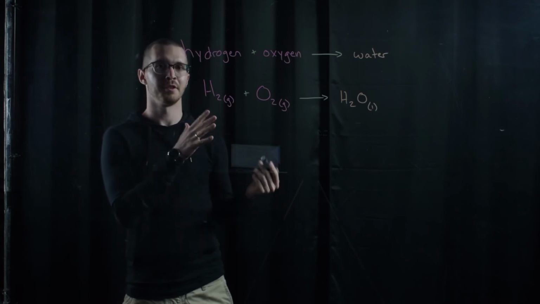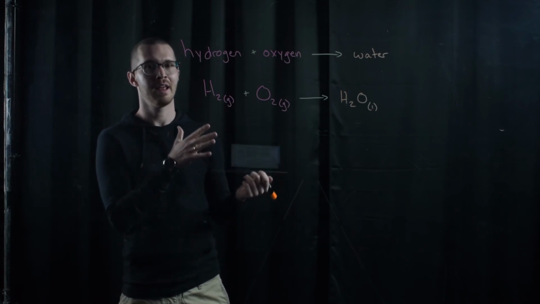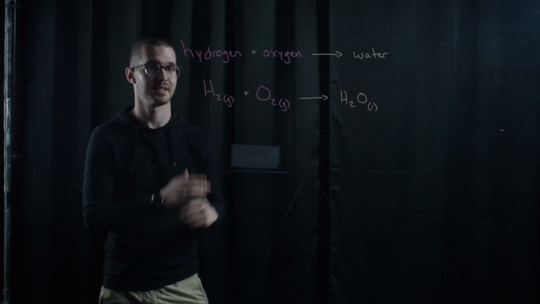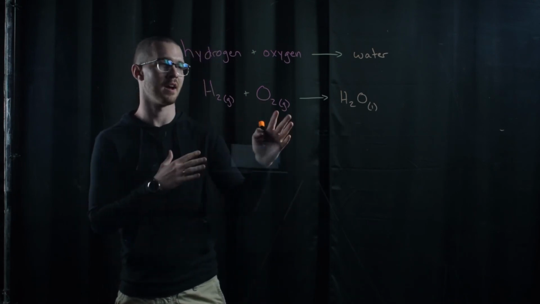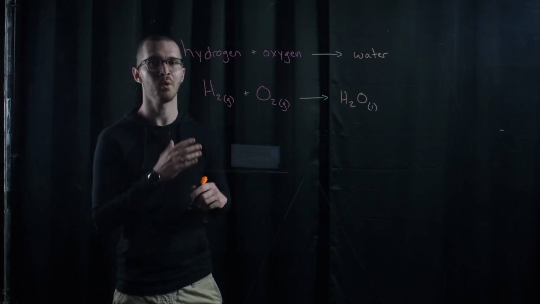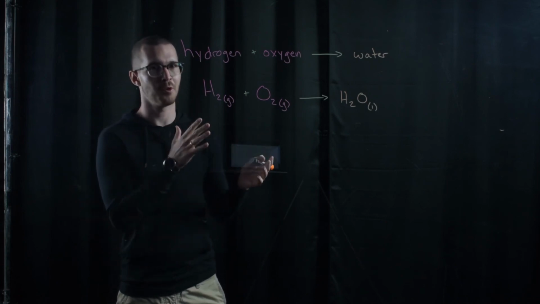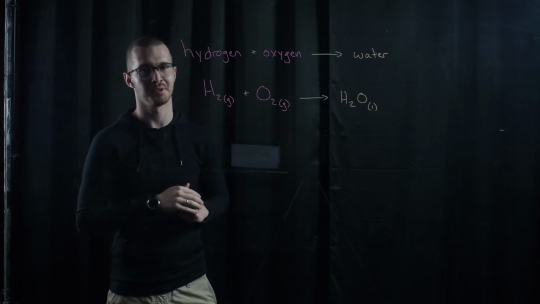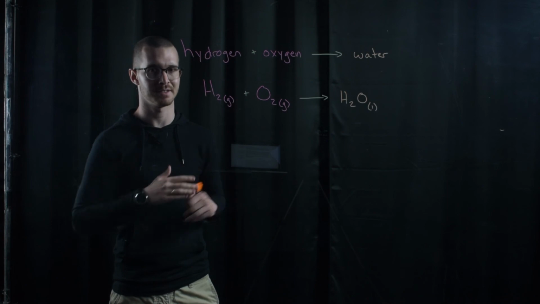So remember, the law of conservation of mass says that the mass of our reactants has to equal the mass of our products. And so far, just according to the numbers of atoms that I can count, that's not going to work out. So we need to be able to show the proper number of reactants and products and show that it equals out. So this is called writing a balanced equation.